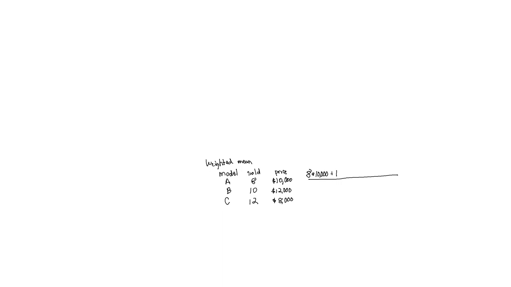That's why it's called weighted. And then you had 12, 8,000. And on the bottom would be the total sold, not the price, but the total amount sold, and that adds up to 30. So you would do weighted mean that way.